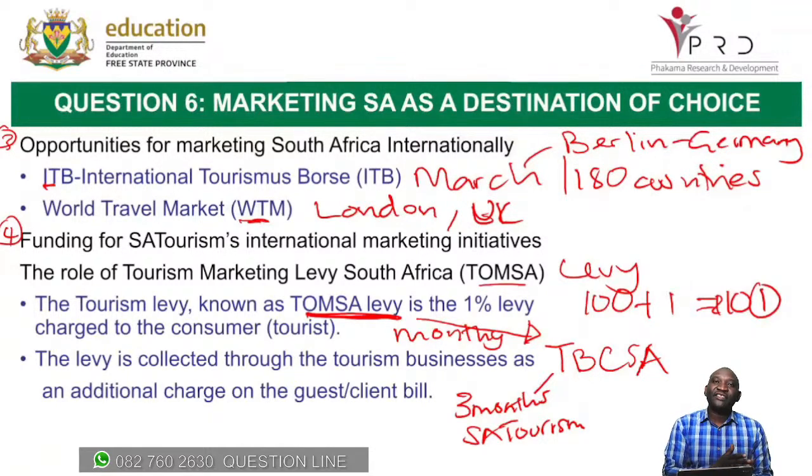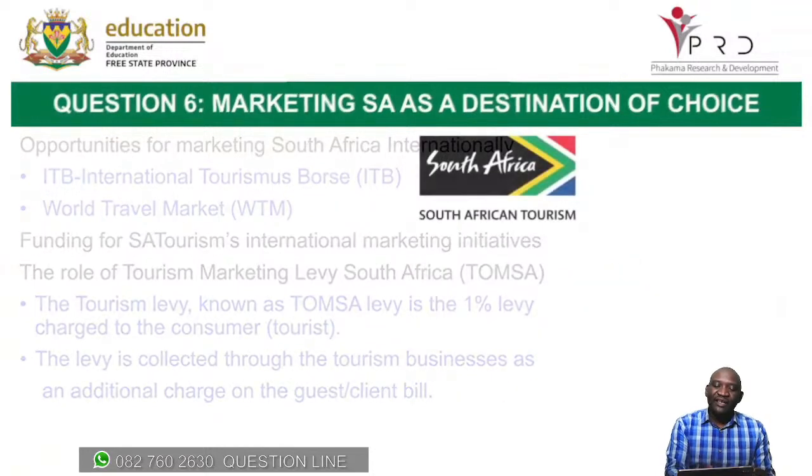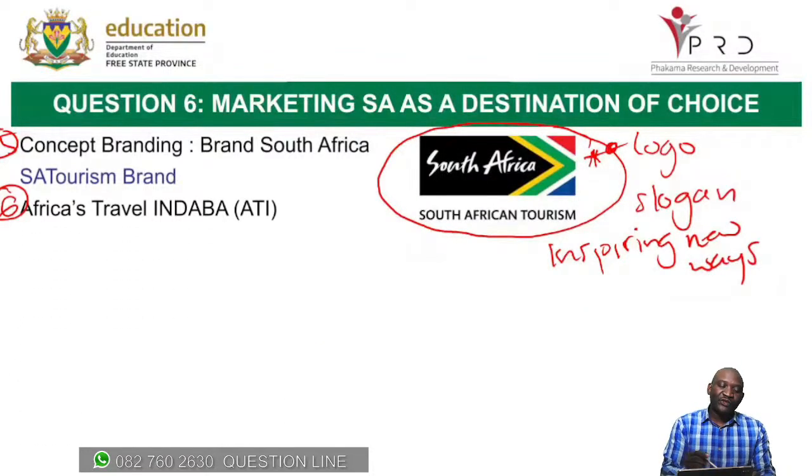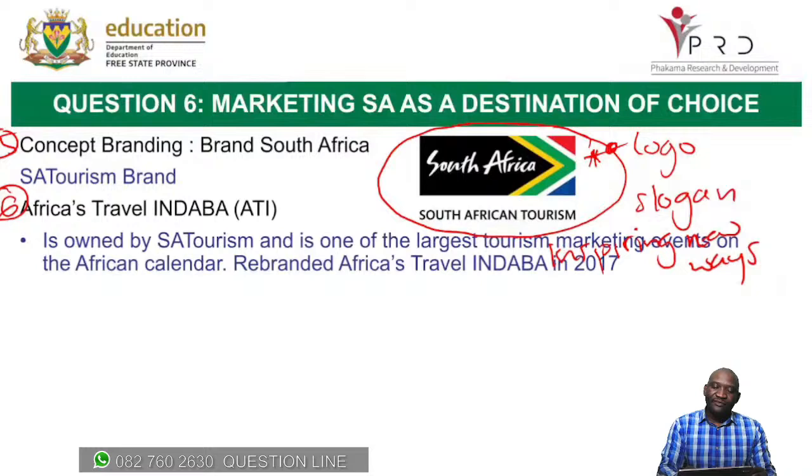When SA Tourism is not attending these places, they host their own shows. And the first one is Africa's Travel Indaba. Right, what do you know about this? You know that this is one of their events in the calendar, which they host every year in KZN in Durban around May.